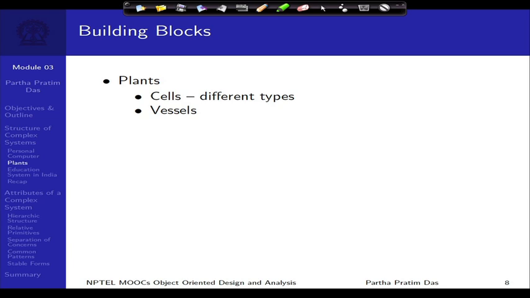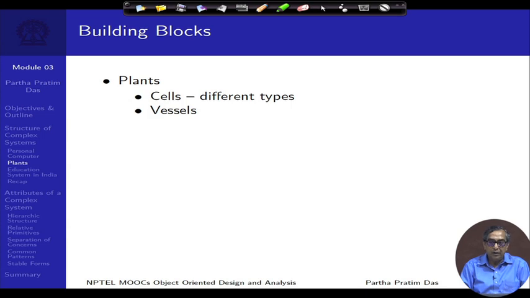There are cells of different types and there are vessels to carry fluid, carry information from one part of the subsystem to another. Something that we should note is very common with what we saw in the personal computer, that such a complex system like a personal computer has very few building blocks like interconnects and gates and so on. Similarly, such complex systems as plants have very few building blocks fundamentally, in terms of cells and vessels and so on.